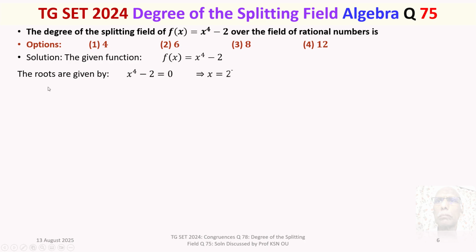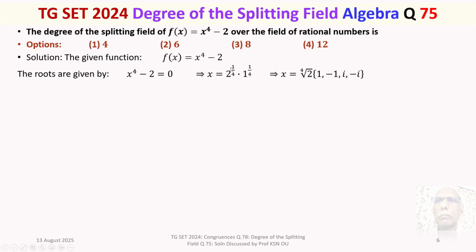Now, what are the roots of this polynomial? x to the power of 4 minus 2. We are just computing all the roots, which we require for the splitting field. x is equal to 2 to the power of 1 by 4, the real value, times 1 to the power of 1 by 4, that is the fourth roots of unity.